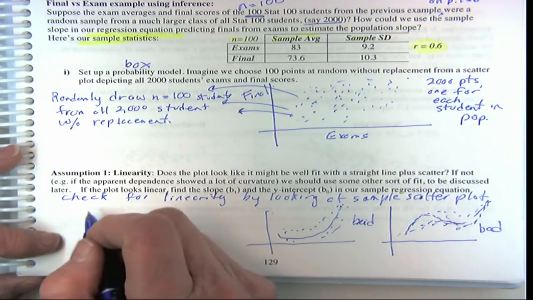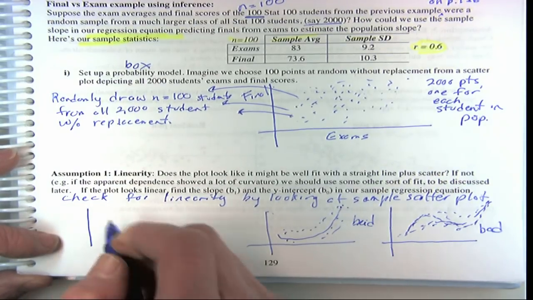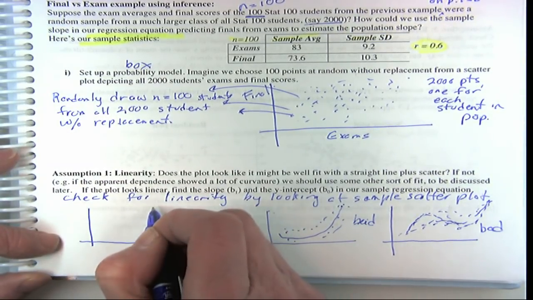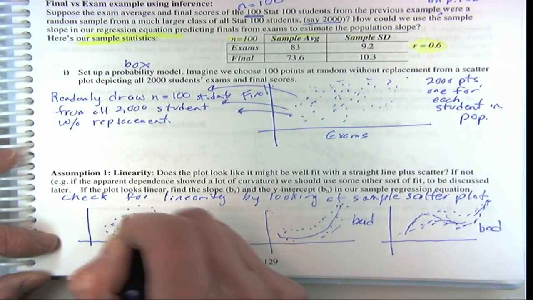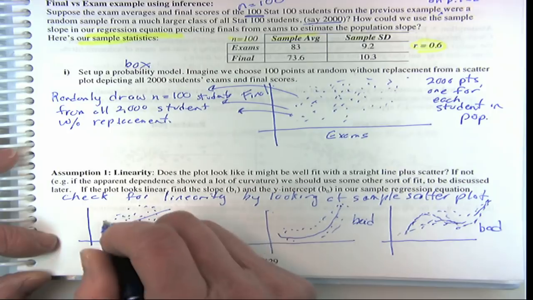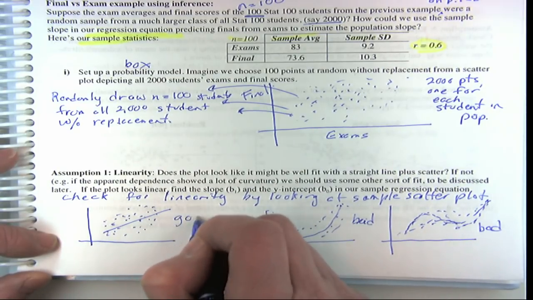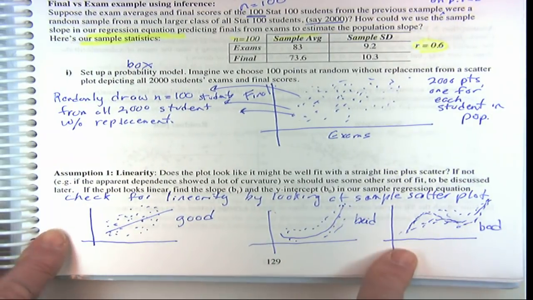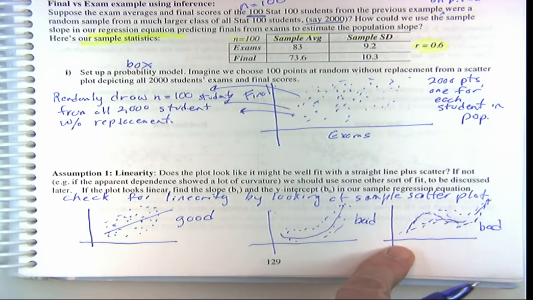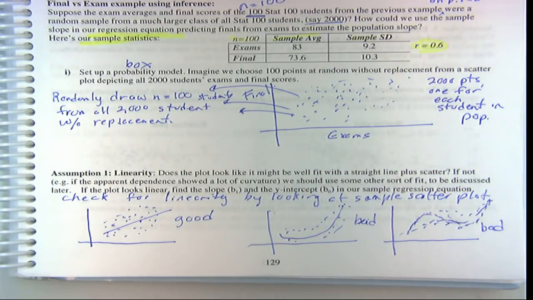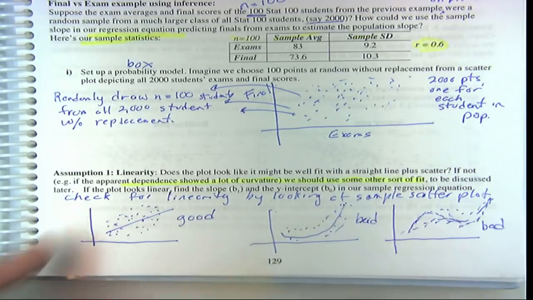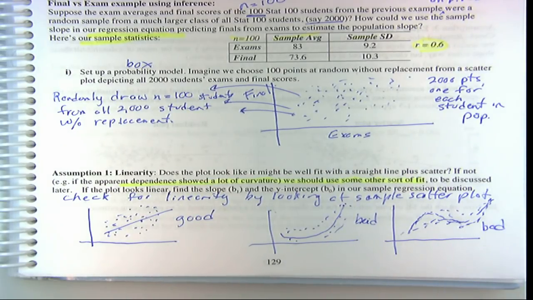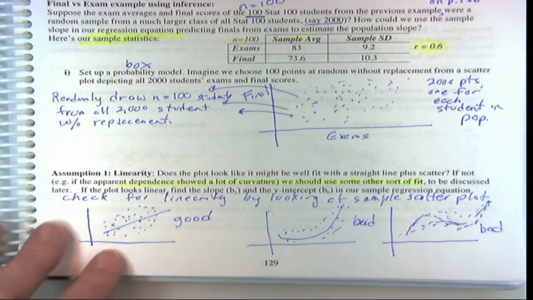But we want it to look like, to the extent that there's any pattern at all, it's linear. So something like that would be great. Okay? We don't want a curve. So if there's a lot of curvature, we have to use some sort of other fit.